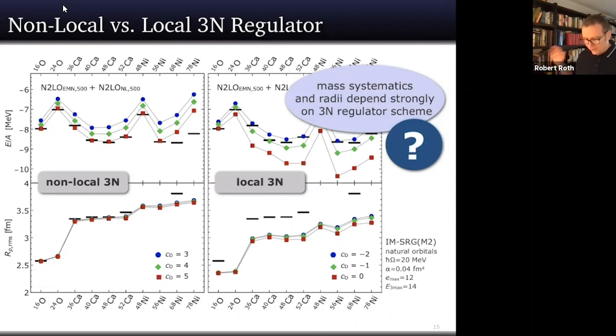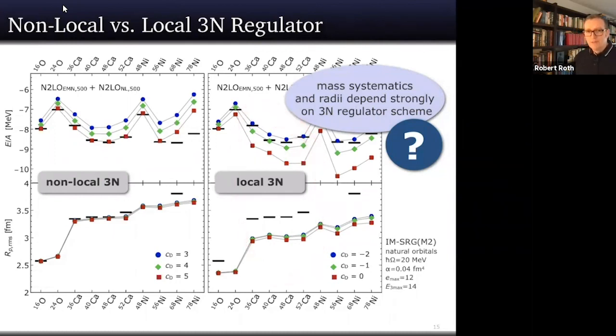And we are working very hard with, in particular, Evgeny Epelbaum, the Bochum group, who have another family of interactions, which is in principle as nice or nicer than the non-local ones that we used. These are called semi-local interactions, I don't want to explain it, but they have the same kind of problem like this one here.